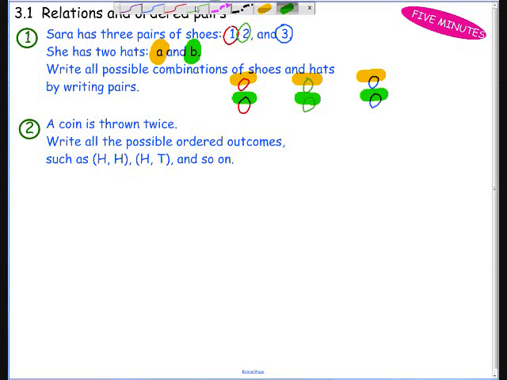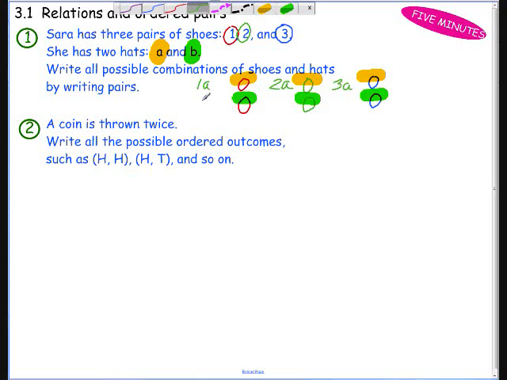Now I just did that graphically. Suppose I were to write this out using the 1, 2, 3 and the A, B. What would they look like? Well, this one would be 1A, wouldn't it? 1A. And this one would be 2A. And this one would be 3A.